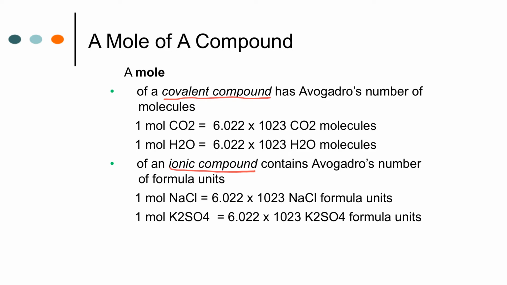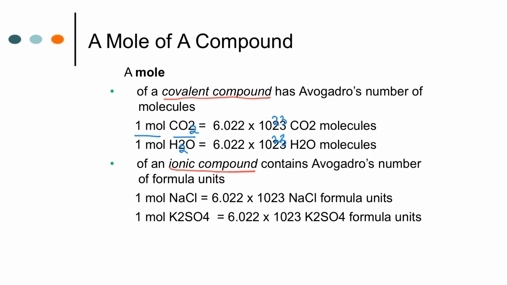And so if we have 1 mole of carbon dioxide, that's 6.022 times 10 to the 23rd molecules of carbon dioxide. Or if we have 1 mole of water, that's 6.022 times 10 to the 23rd molecules of water. And obviously these are also subscripts.